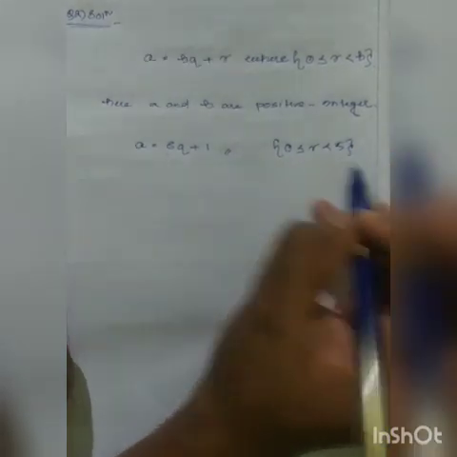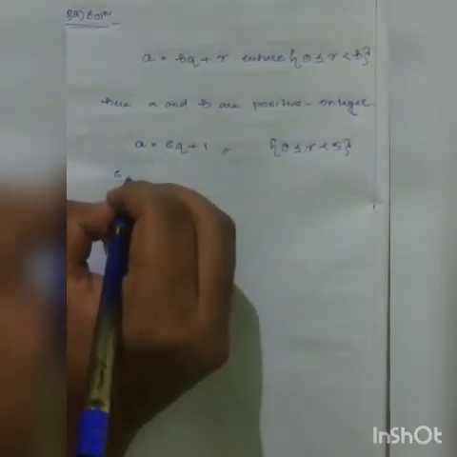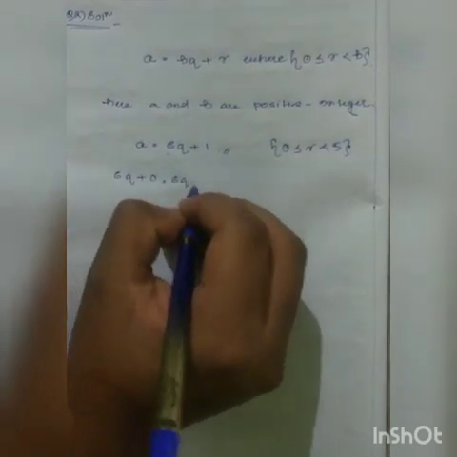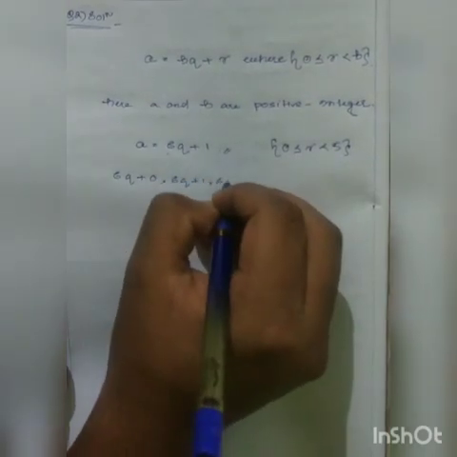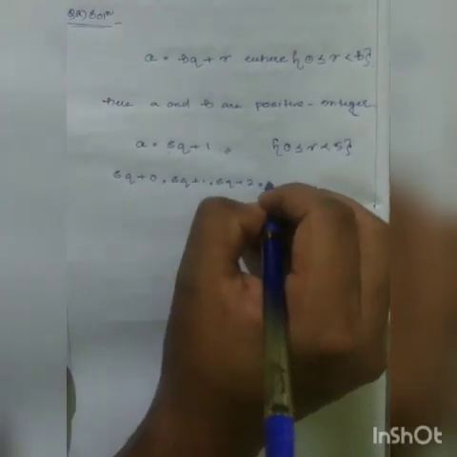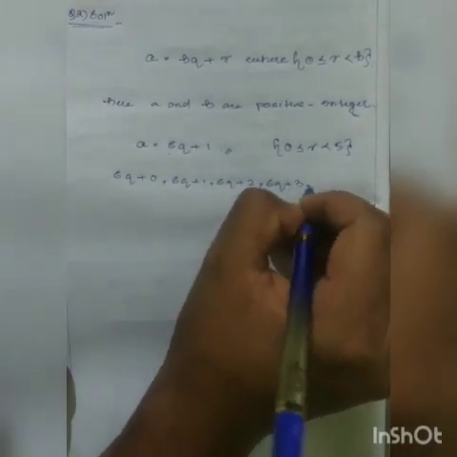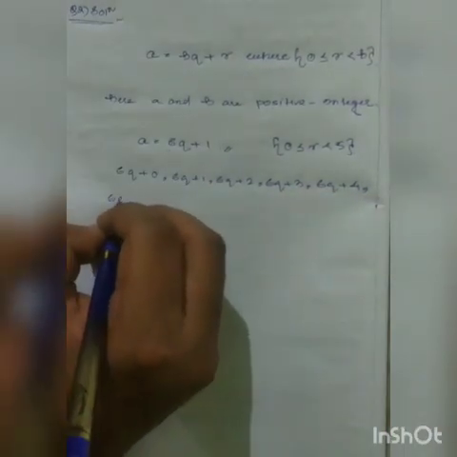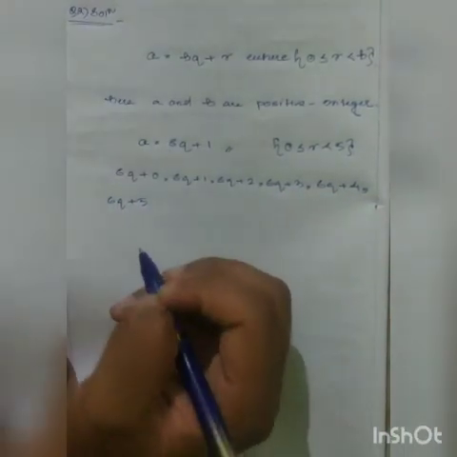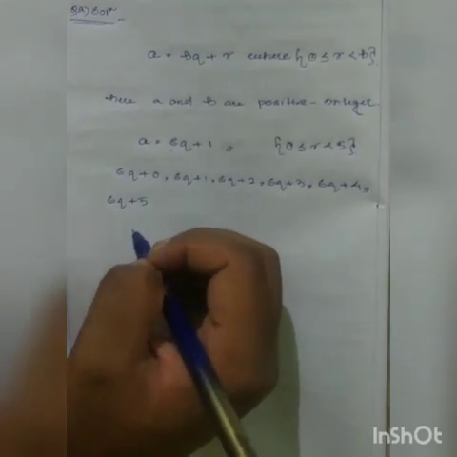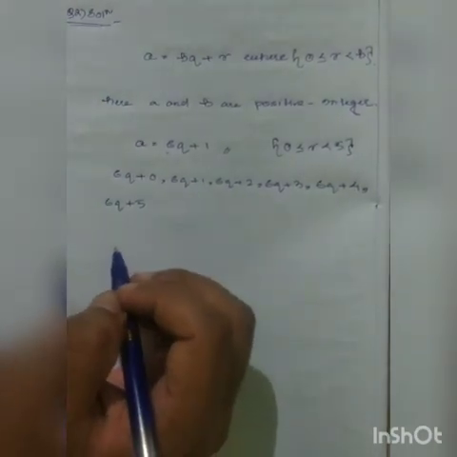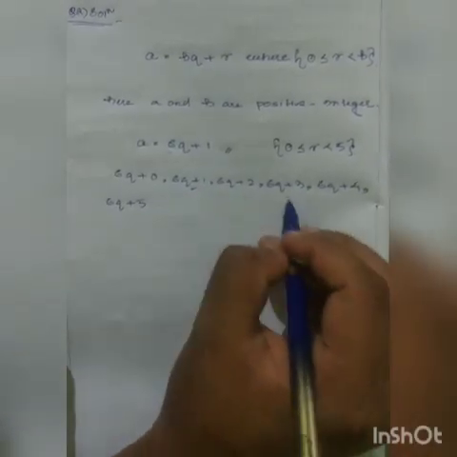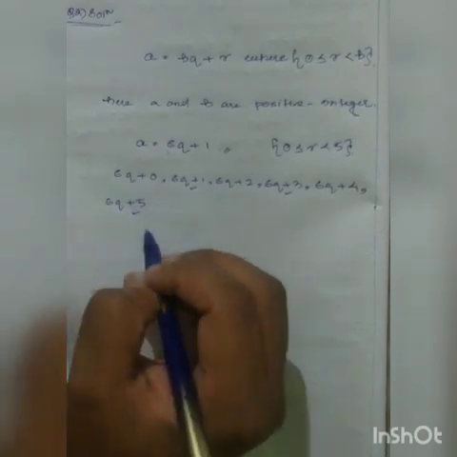So it could be in the form of 6q plus 0, 6q plus 1, 6q plus 2, 6q plus 3, 6q plus 4, and 6q plus 5. So here in the question it is written that we have to show that the positive odd integers are in the form of 6q plus 1, 6q plus 3, and 6q plus 5.